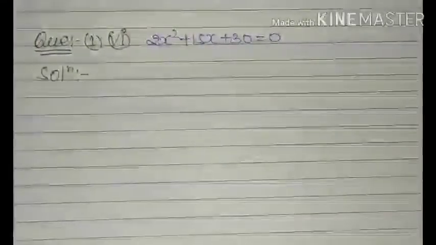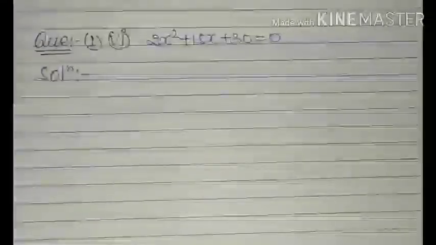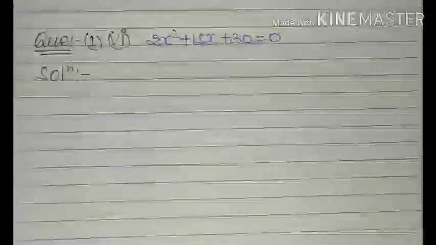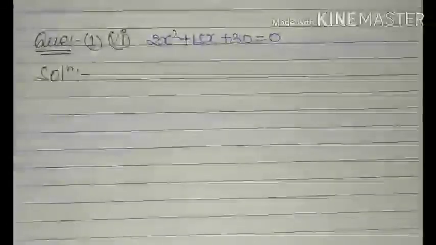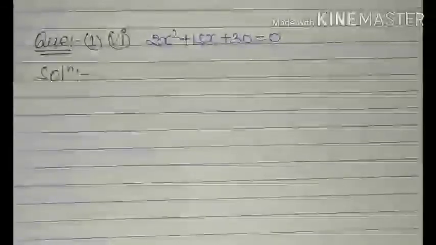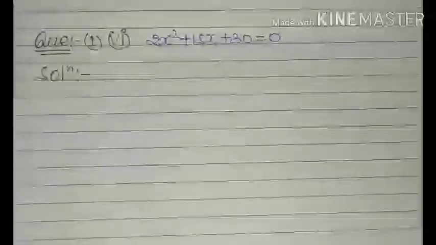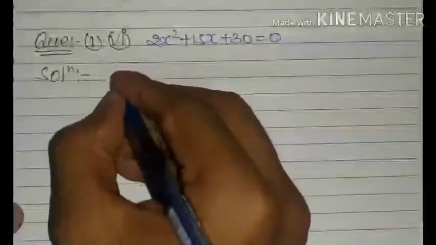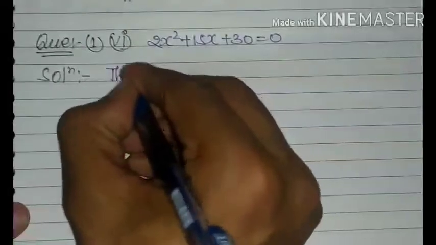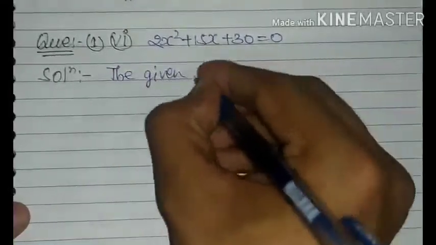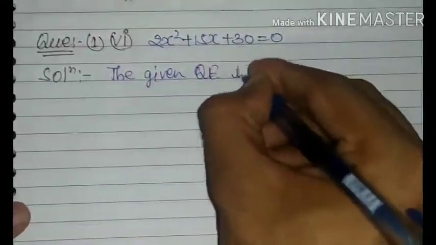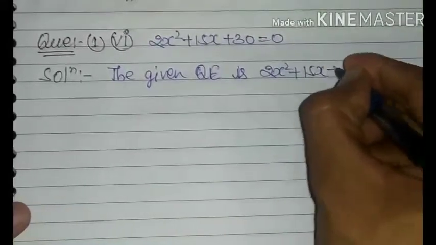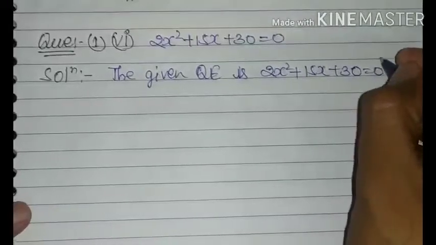Question number fourth. The given question is the quadratic equation 2x square plus 15x plus 30 equals to 0. We have to find the value of discriminant, and after that we have to find the nature of roots. First we have to find the discriminant of the given quadratic equation. The given quadratic equation is 2x square plus 15x plus 30 is equals to 0.